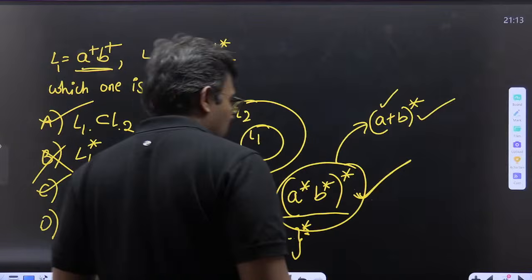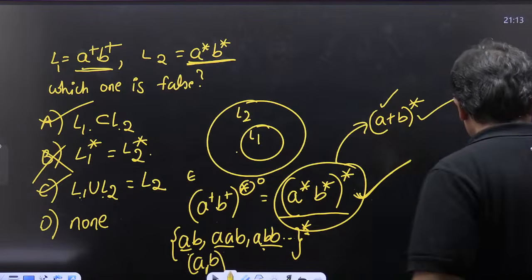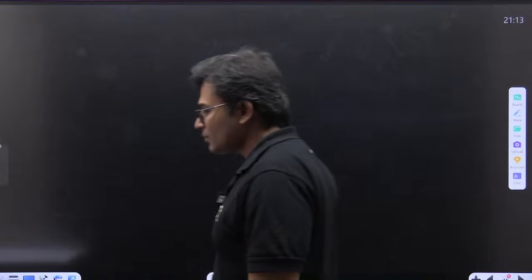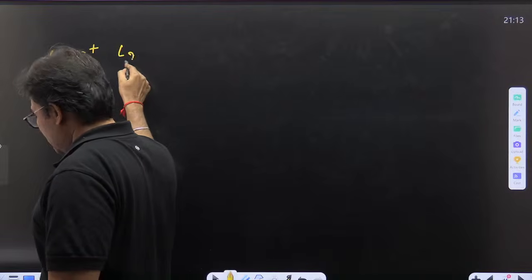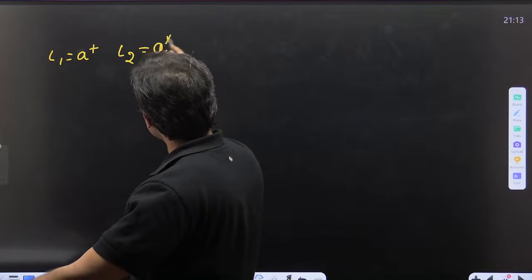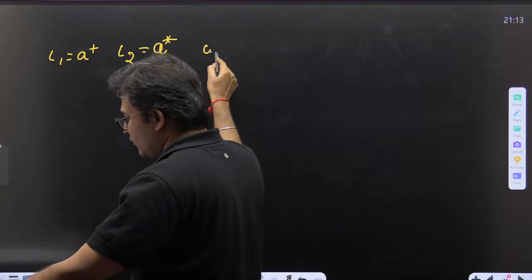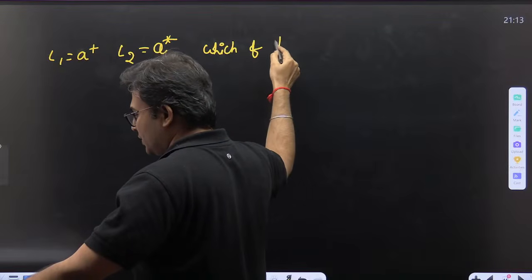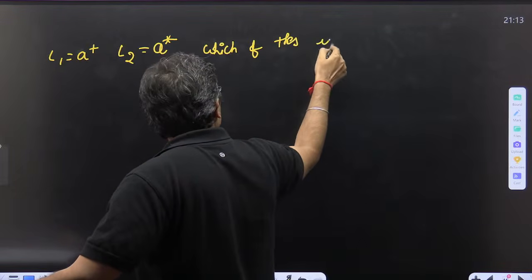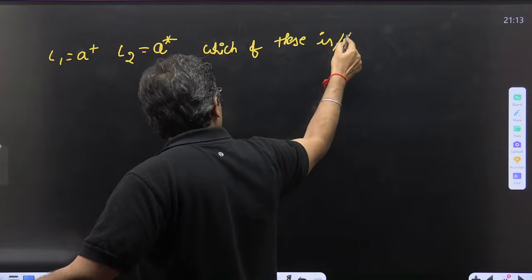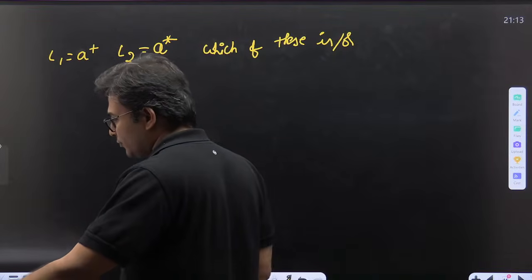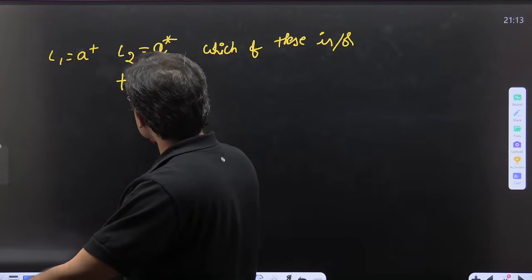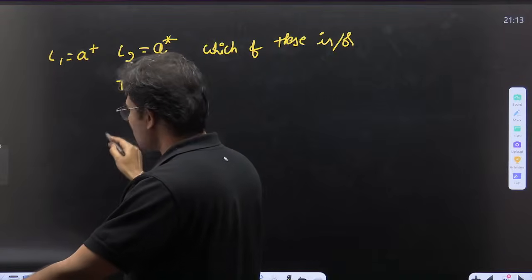So let's solve the next question. The next question is L1 equal to A plus, L2 equal to A star. Which of these is or are true? It is an MSQ.